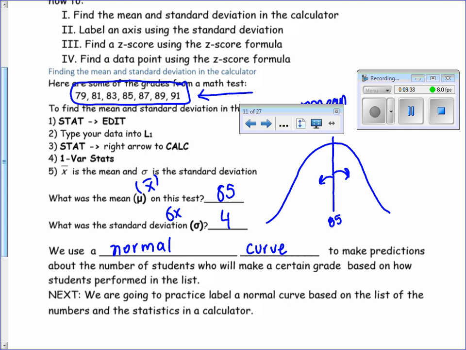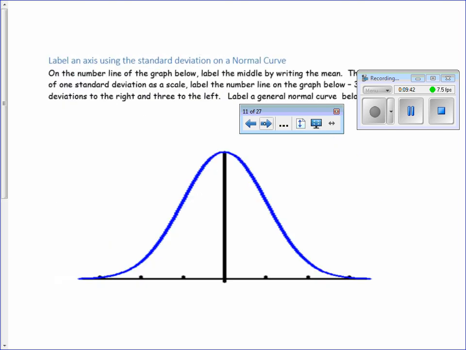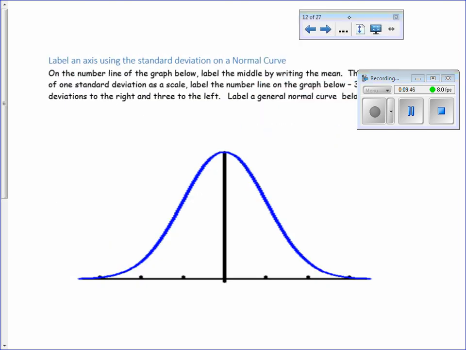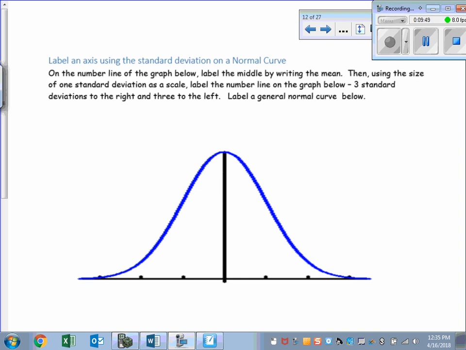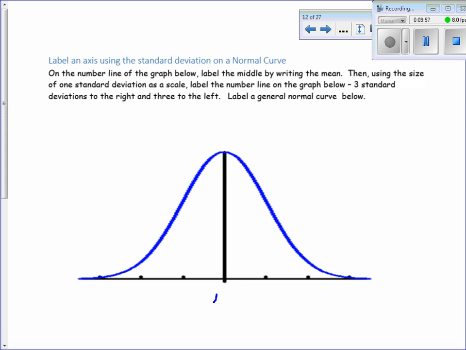So the next thing we're going to do is practice labeling this normal curve, like I said. So I'm not going to read through those directions. I just want to talk about what the normal curve looks like in general. So in the middle of that normal curve, we have mu, or the mean.